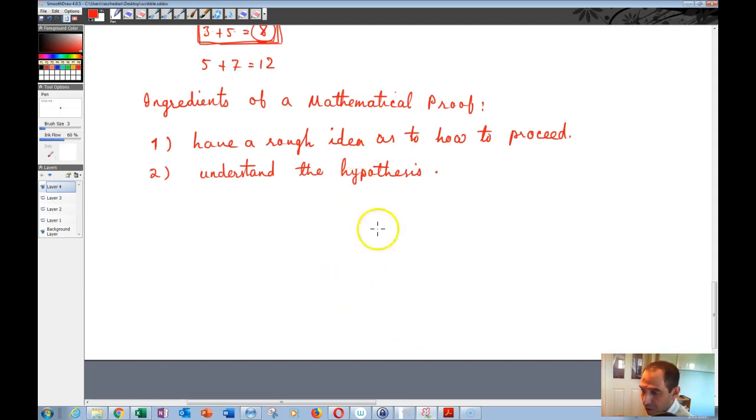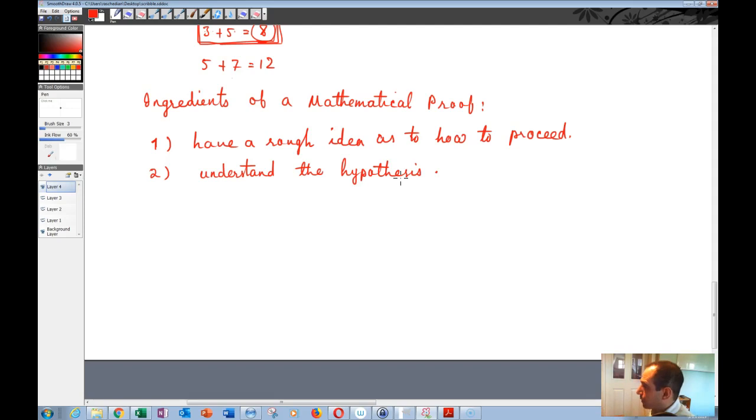For example, in that particular problem where we wanted to prove that the sum of the internal angles of any triangle is equal to 180 degrees, my hypothesis is that the polygon that I have is a triangle. And based on the fact that the polygon is a triangle, I would be able to assume certain things related to triangles that I have proved before, right?